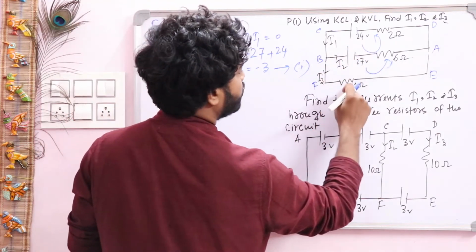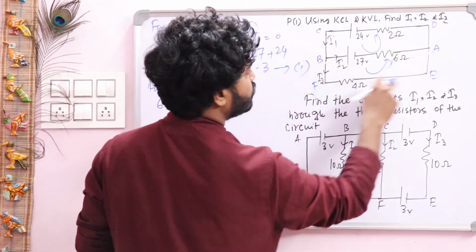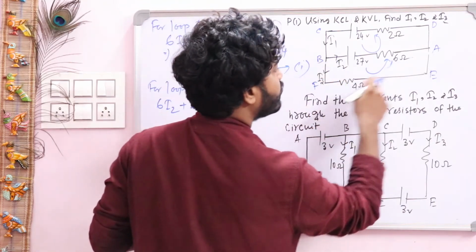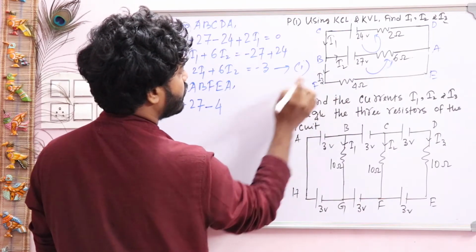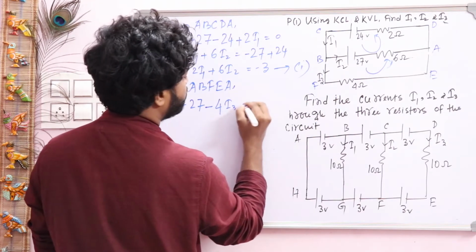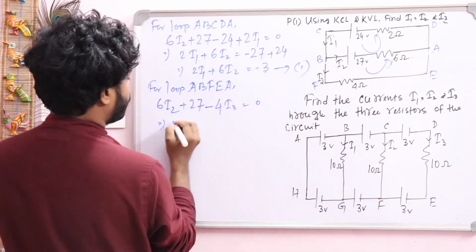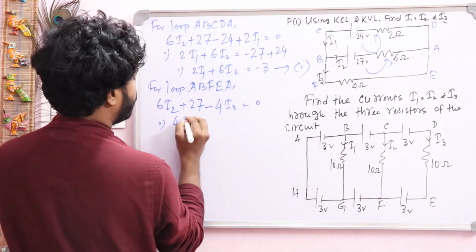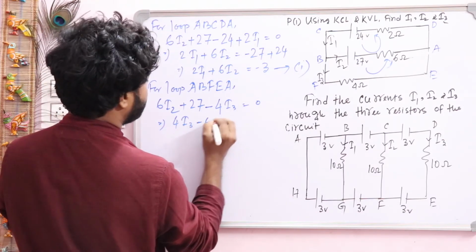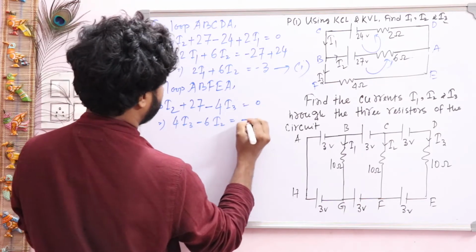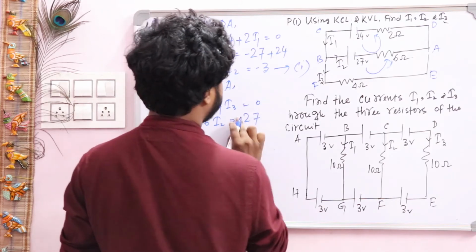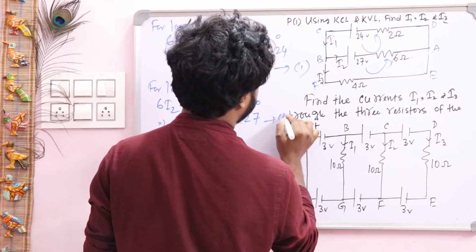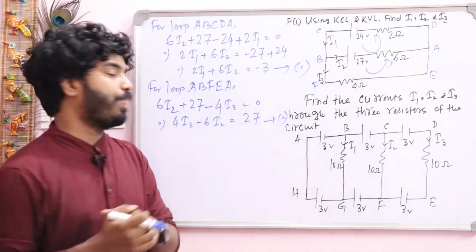Now this one 4 ohm, your direction this way and current is also moving this way, that is same direction, so this one will be negative, that is 4, and this value is I3, that is minus 4I3, that is equal to 0. So from here you can write 4I3 minus 6I2, that is equal to 27. So write it, this is suppose our equation 2.